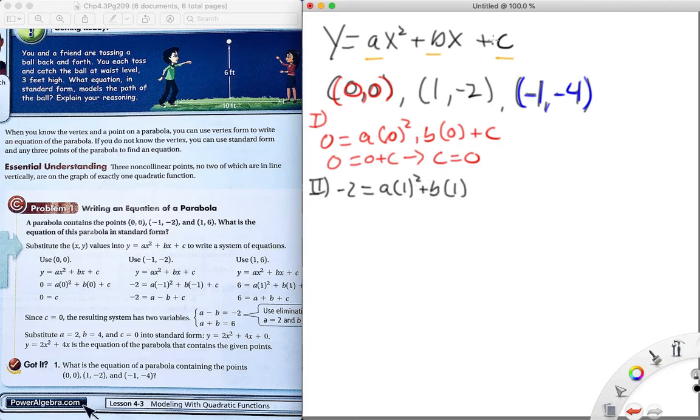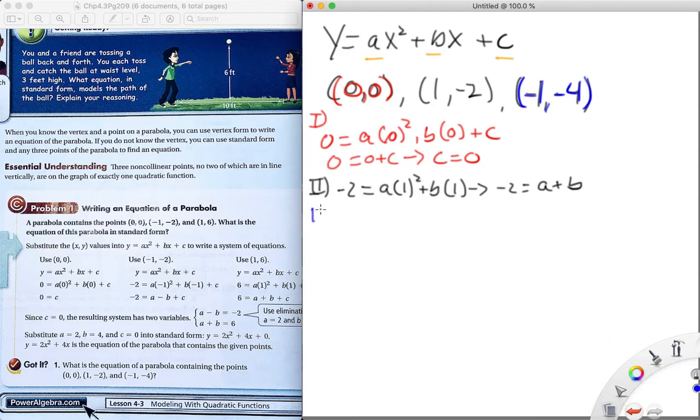We know that our c is 0, so we're going to say plus 0 or just leave it alone. We don't need a c term. So doing the math, this is negative 2 equals 1 squared is 1 times a is a, 1 times b is b, a plus b.